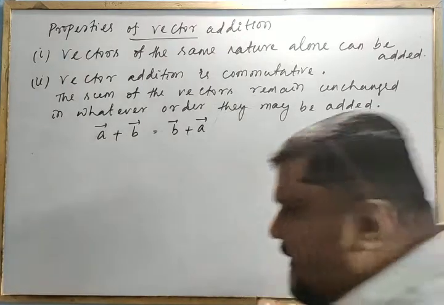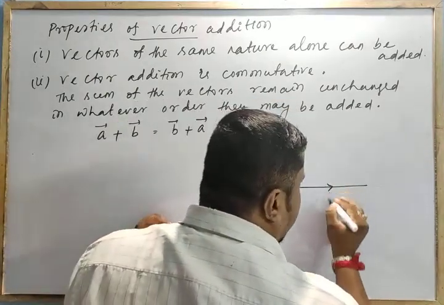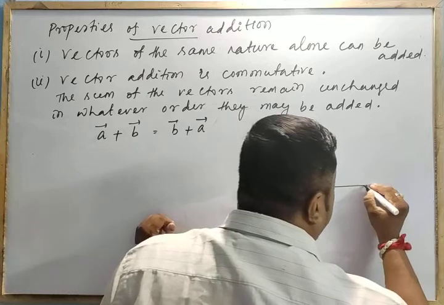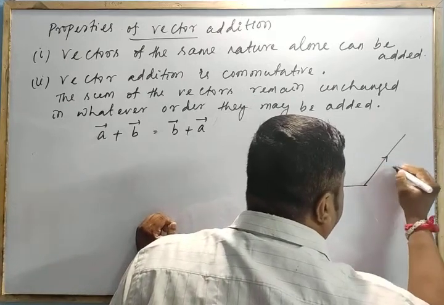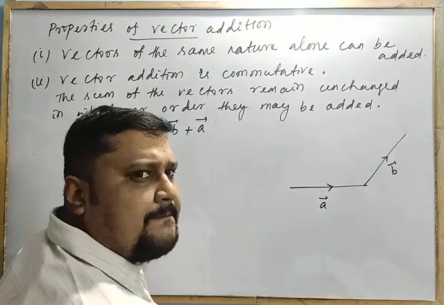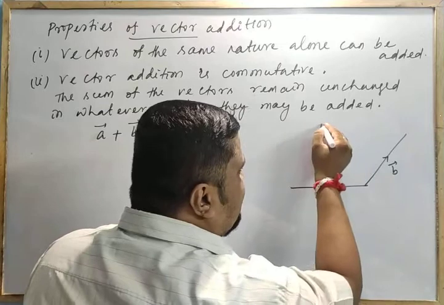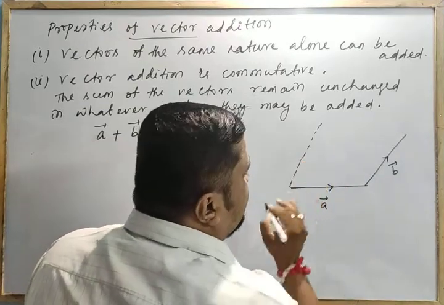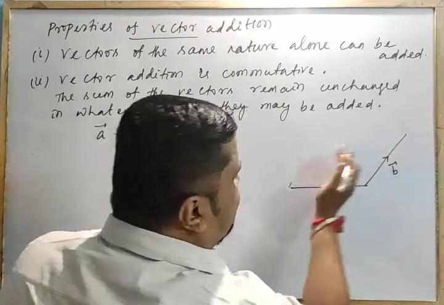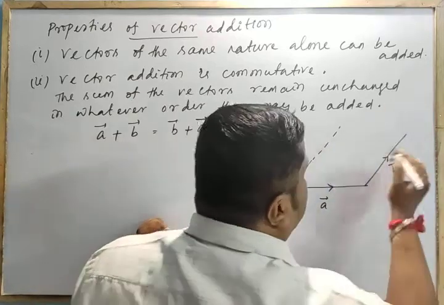Clear? Now take it like this: A and B are the two vectors. Let me represent this vector A and B. If this is B, let me make a parallel shifting like this. So let this also be B. These are parallel. By parallel shifting, you can make this the vector B also.